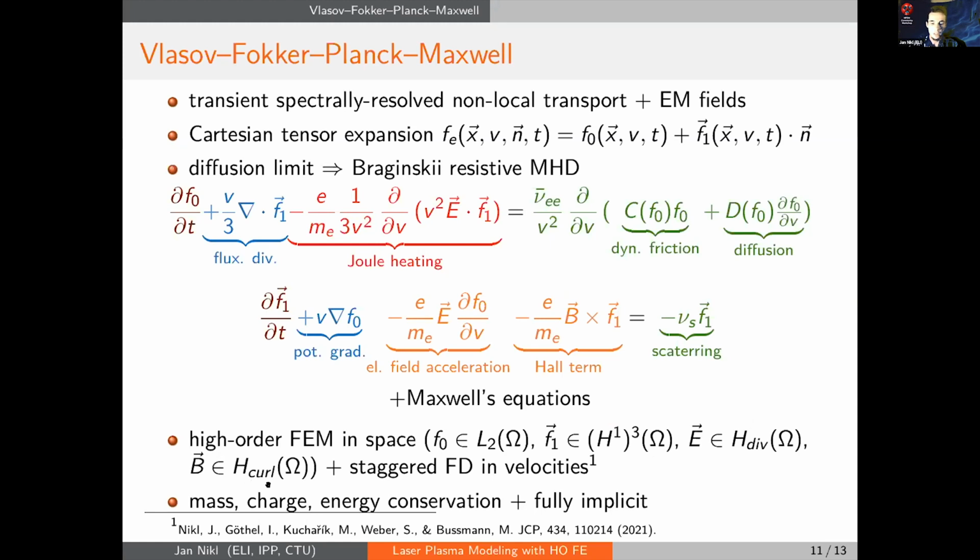The reason is to maintain consistency between charge and mass, and together with the staggered finite differences for velocities, we have a mass, charge, and energy conserving implicit numerical scheme. So we are not limited in the time step that much.